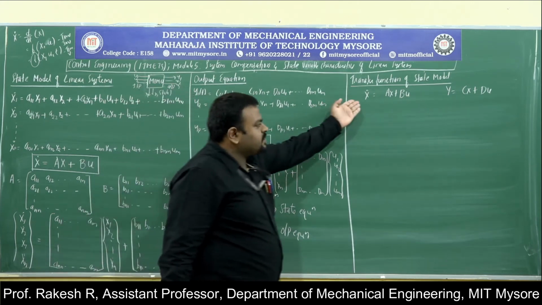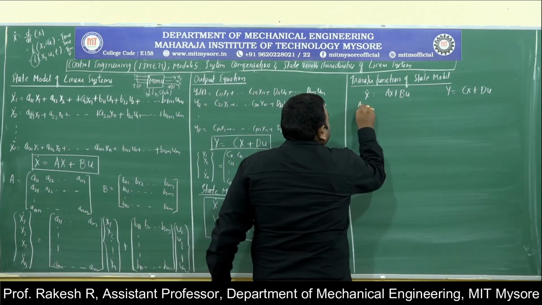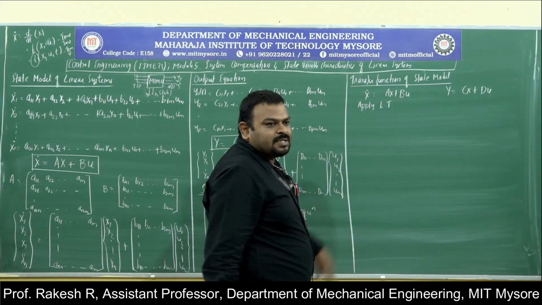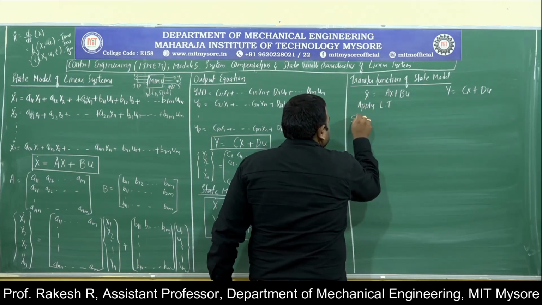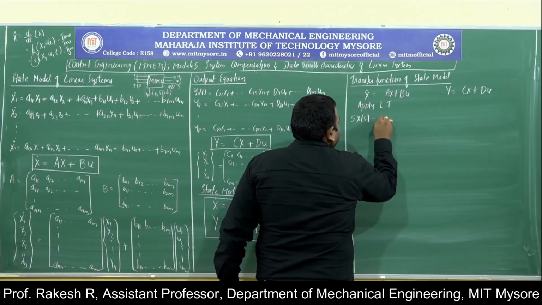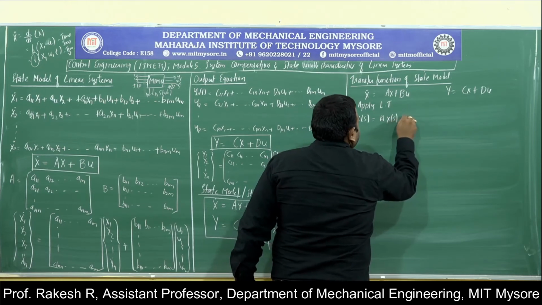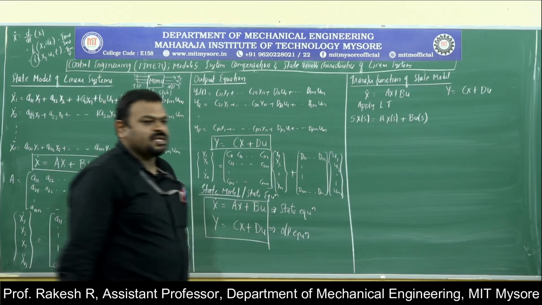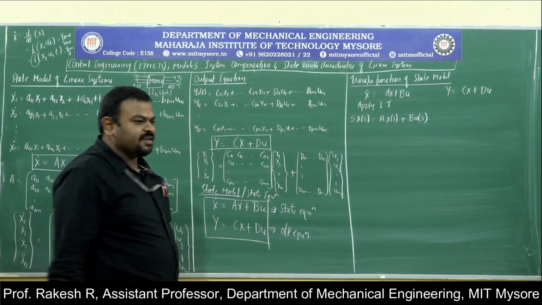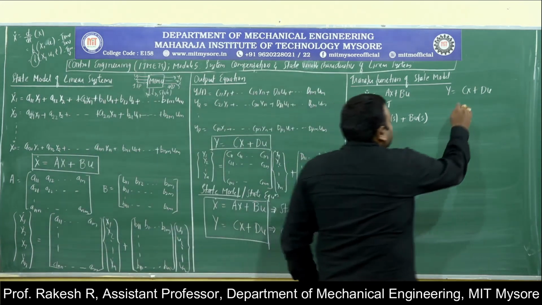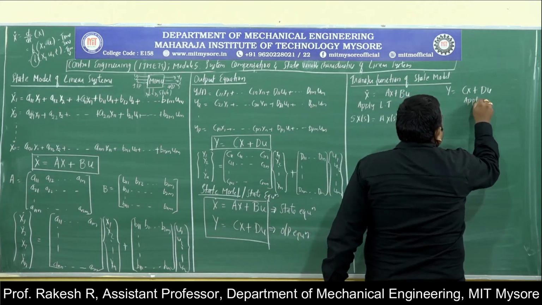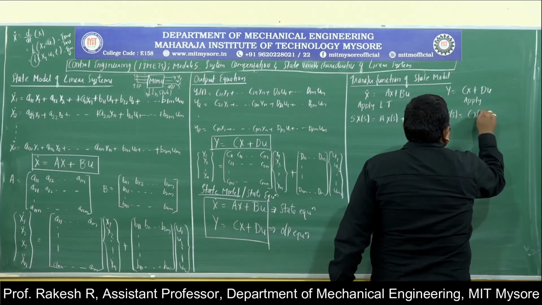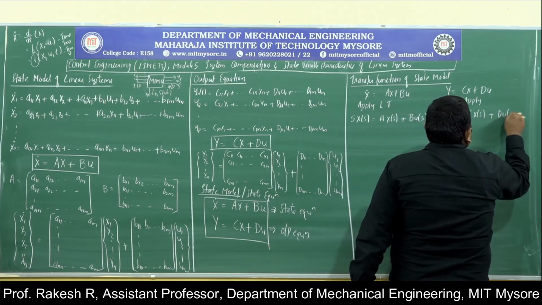If I apply Laplace transformation for this, s into X of s will be equal to A into X of s plus B into U of s. This is the Laplace transformation for that equation. Similarly, apply Laplace transformation for the output equation. Y of s will be equal to C into X of s plus D into U of s.